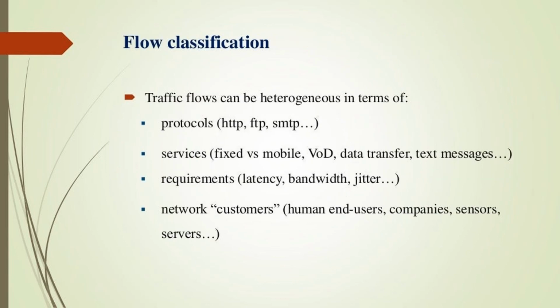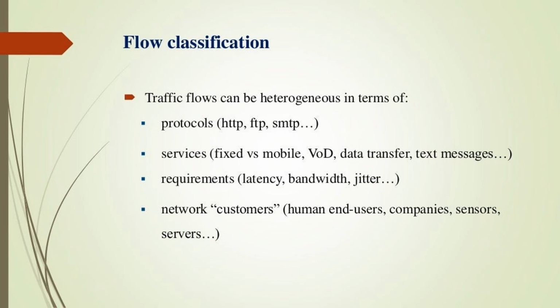Let's see flow classification. Traffic flows can be heterogeneous in terms of protocols: HTTP, FTP, SMTP, etc. Services: fixed versus mobile, voice, data transfer, text message. Requirements: latency, bandwidth, jitter.